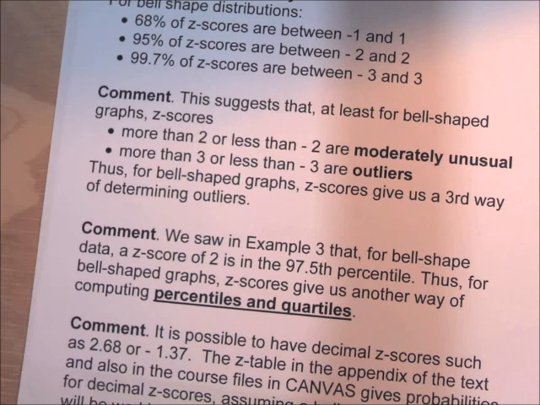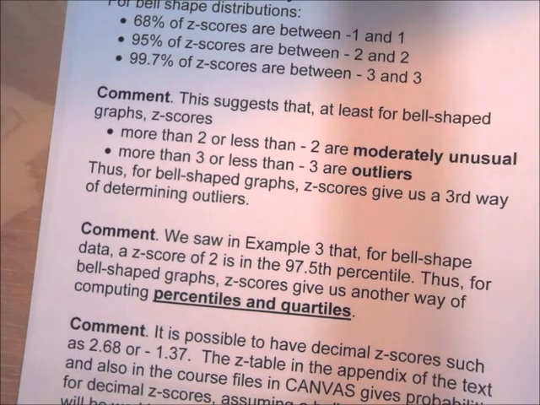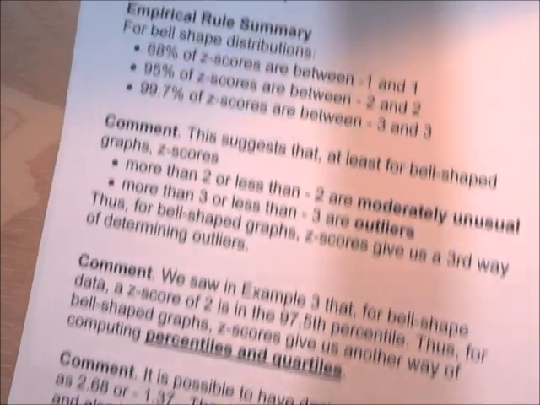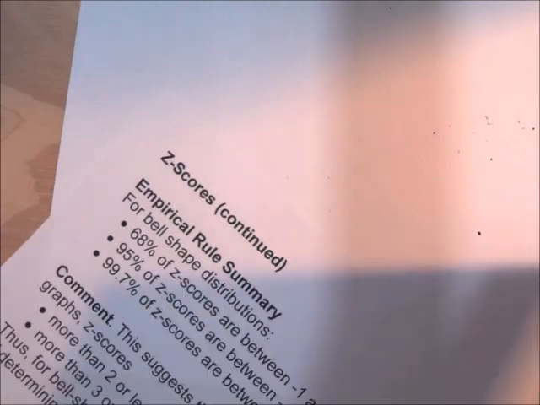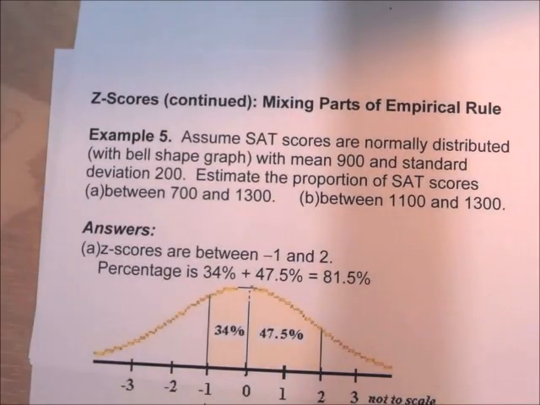So that gives us an additional way of computing percentiles and quartiles. And then later in the semester, we'll be working with z-scores that are fractions or decimals. There's a table in the appendix and also a table in the course files that has the percentages for z-scores that are fractions or decimals.